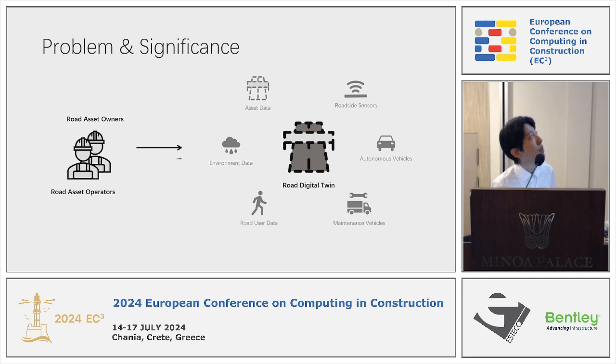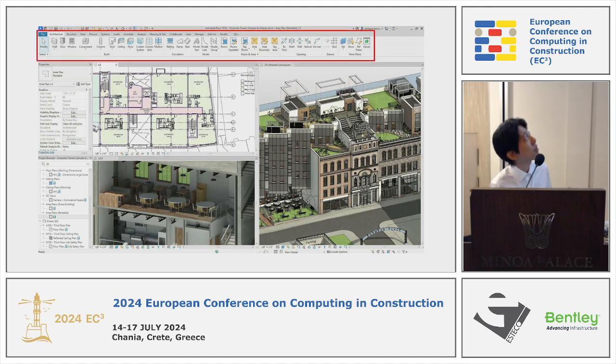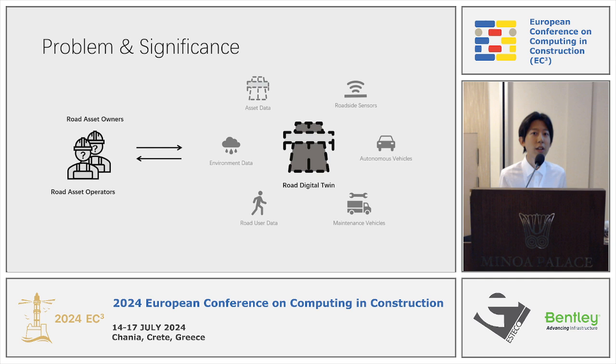However, it has been shown that digital twins might be difficult to use for people within the construction sector because they don't have extensive computing experience, and some of the digital twins also have very user-unfriendly interfaces like this, with functions cluttering at the top and organized into tabs, and information scattering around the place, which might cause information overload for the user and make it difficult for them to find the information they really need quickly.